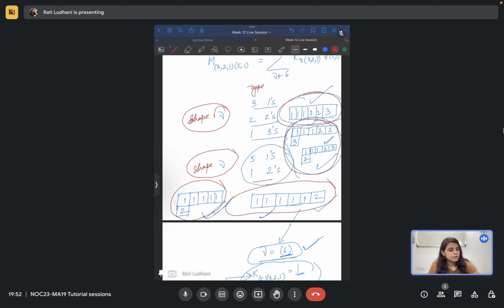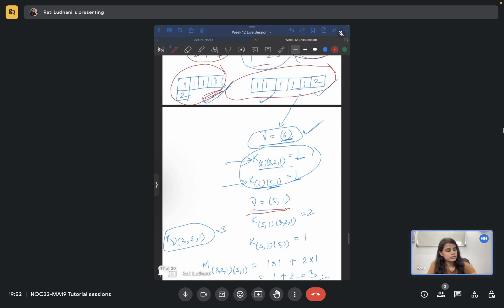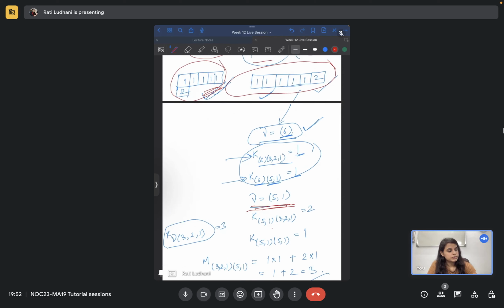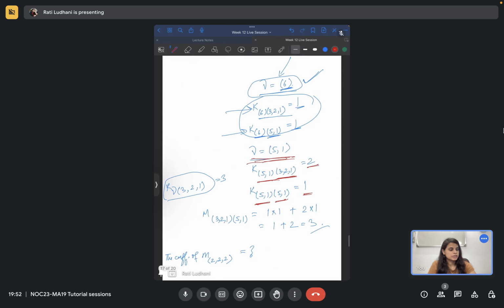So with shape nu, when you considered 5 comma 1, you got Kostka number with shape 5 1 and type 3 2 1, you got 2, and Kostka number with shape 5 1 and type 5 1, you got 1. Corresponding to that, that's why I wrote it in this sense.